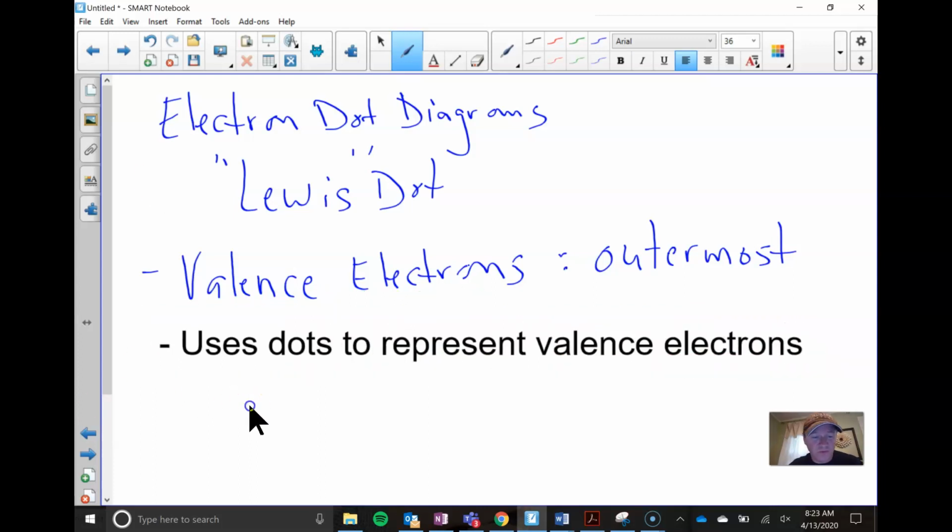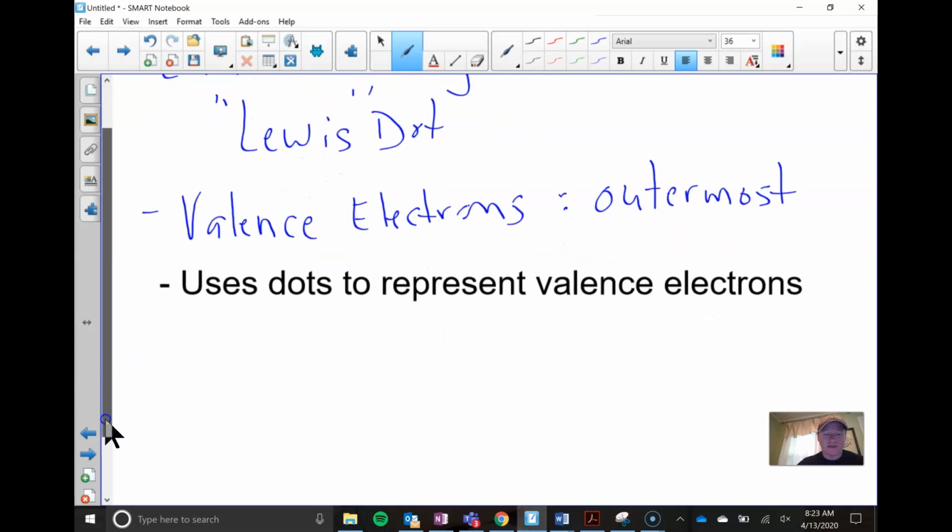Because once we get into chemistry, it's really only the valence electrons that we're concerned about. They're on the outside, they encounter other atoms first, and because of that, they are the electrons actually involved in bonding.